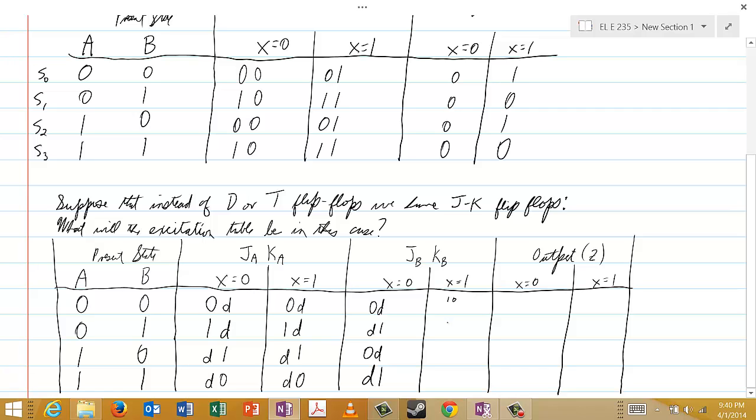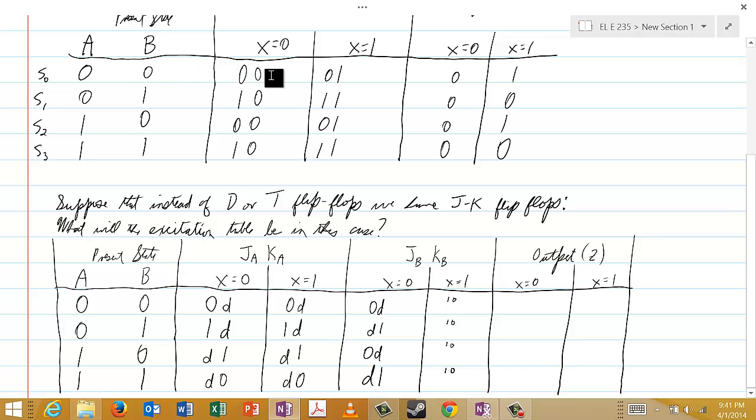Because if J is 1 and K is 0, the next value of the output will be 1 regardless of the present value of the output. So 1, 0 is definitely a case, but what are the other possibilities for J and K?